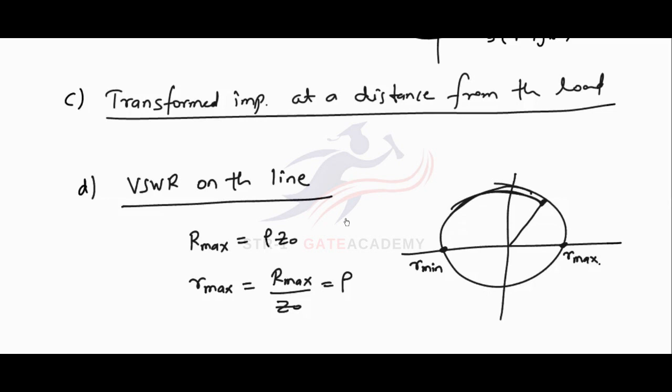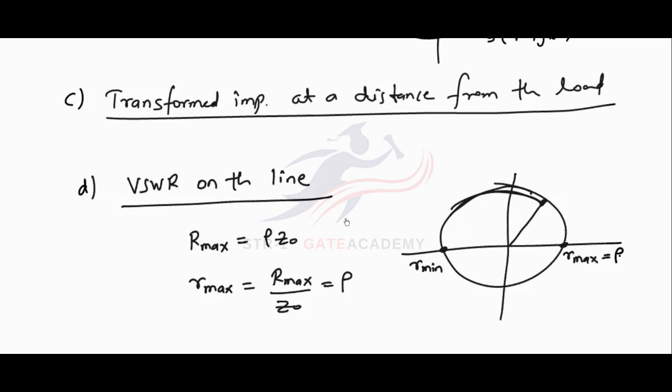If you observe the constant R circles, as we were increasing the value of R, the center was shifting towards the right. So this represents R max and this represents R min, and R max is nothing but rho, the VSWR.